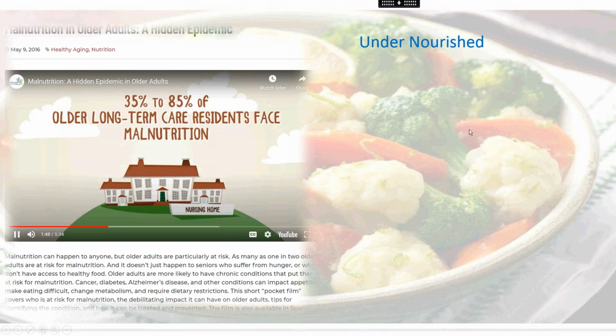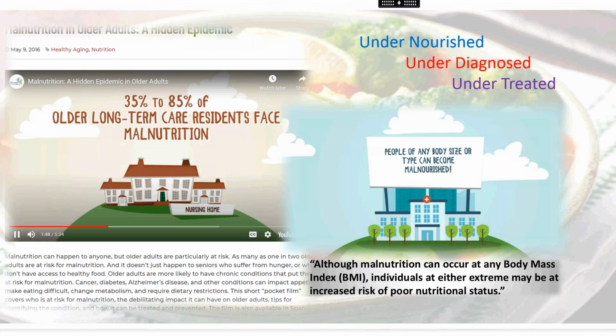So this is undernourished, is considered underdiagnosed, and definitely being undertreated within our environment. So it's up to us to get this diagnosis, to get these treatments, and to get these patients as nourished as possible. Again, telling you that any body size or type can be malnourished. It can occur at any body mass index, BMI, but whether it's at one extreme or the other, it increases the risk of poor nutritional status.